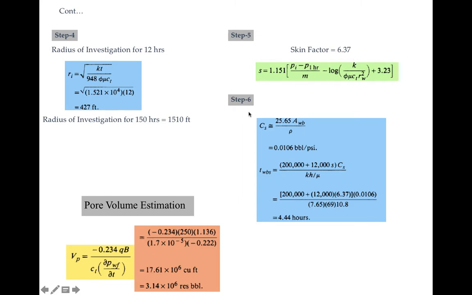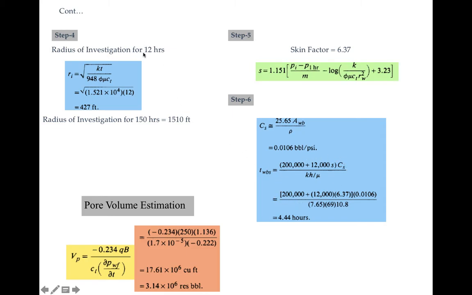In step 6, CS is the well bore storage coefficient, which is found from different properties such as area of the well bore and density of the fluid, which comes to around 0.0106 barrel per psi, and the time of well bore storage ending comes to around 4.47 from this particular calculation.